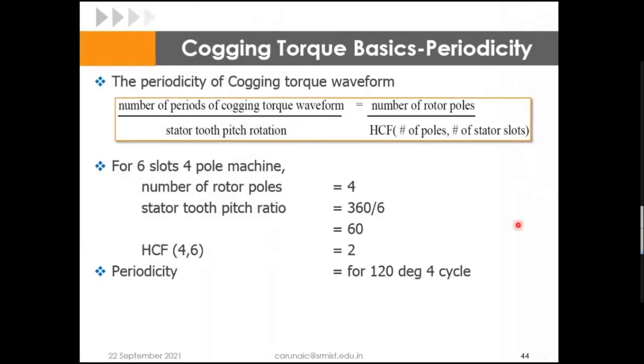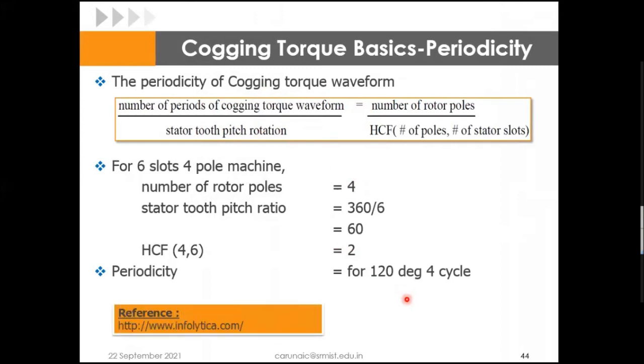Basically, the periodicity of the cogging torque waveform is obtained from this equation. To verify, you check how many cycles the waveform takes for 120 degrees. If your output waveform takes 4 cycles for 120 degrees, then you can say that the cogging torque waveform you achieved is exact and the machine model is validated.